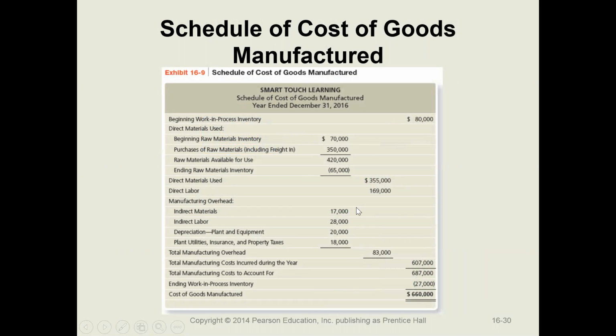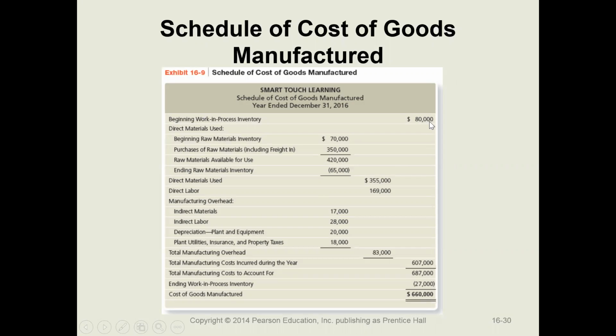Okay, so here's that schedule of cost of goods manufactured. And don't forget that the bottom line here, cost of goods manufactured, that amount goes into the calculation of cost of goods sold. So the schedule of cost of goods manufactured, the formatting is very important. So you start off with the beginning work in process inventory.